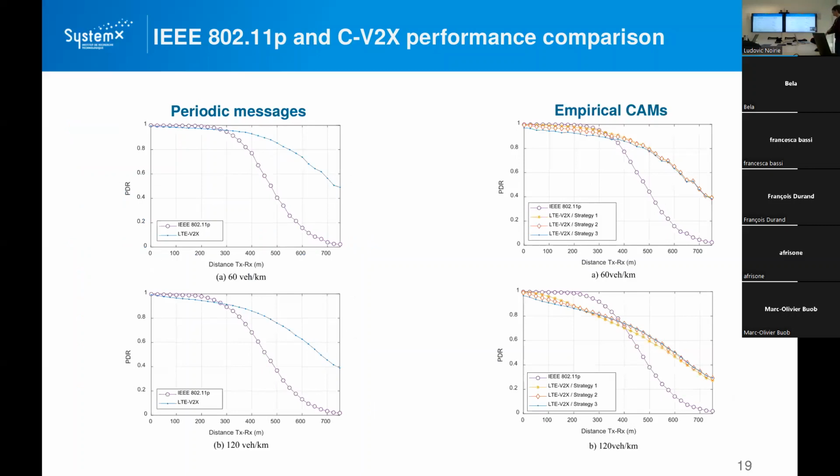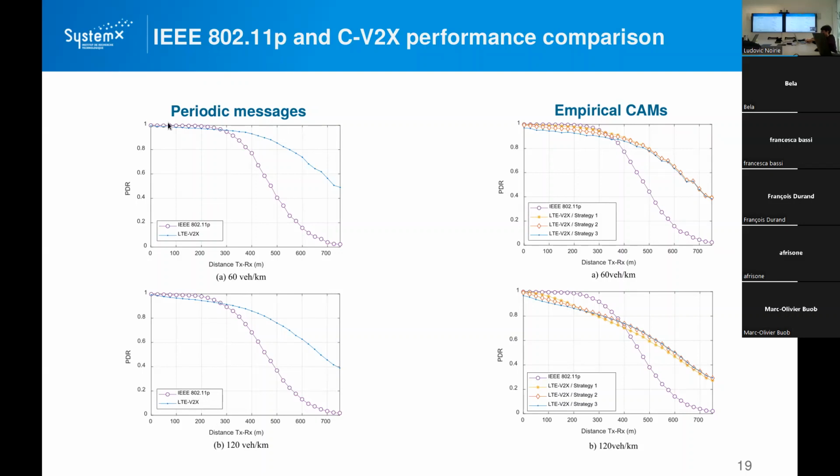So here I have the results, and I will try to explain the figures. You are tracking the packet delivery rate. So here we are transmitting and we are saying which fraction of my messages are received as a function of the distance of the receiving node.